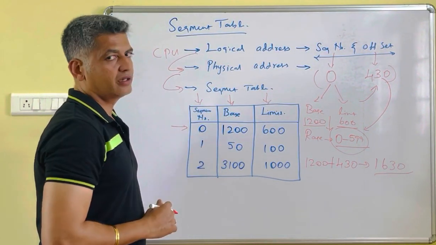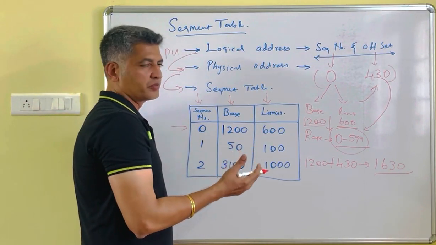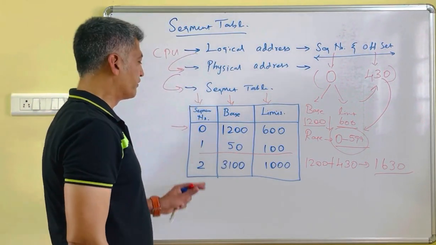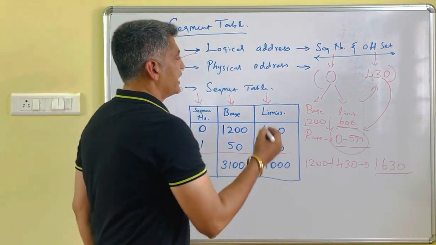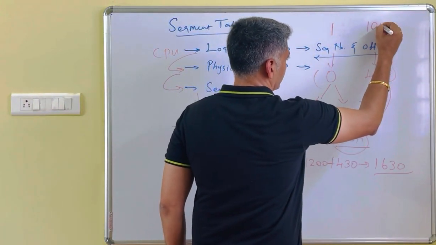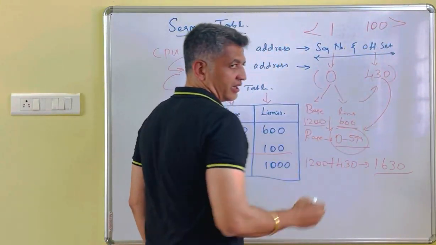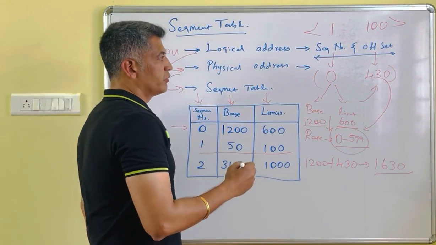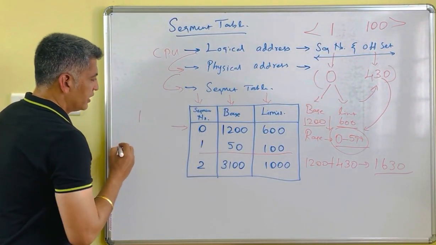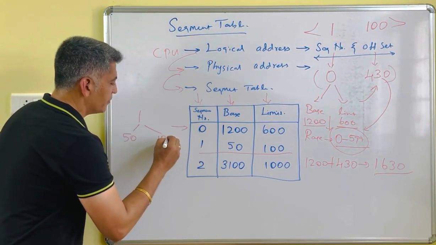One more thing: let's see a case where an address error comes. Take segment number 1, where the offset value is 100. In segment number 1, the base is 50 and the limit is 100.